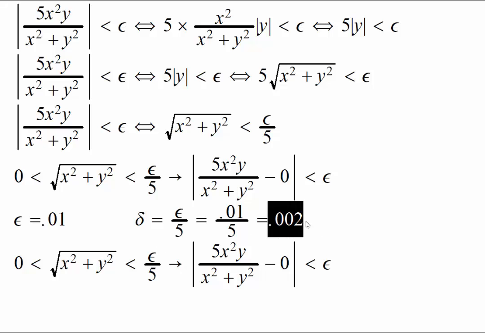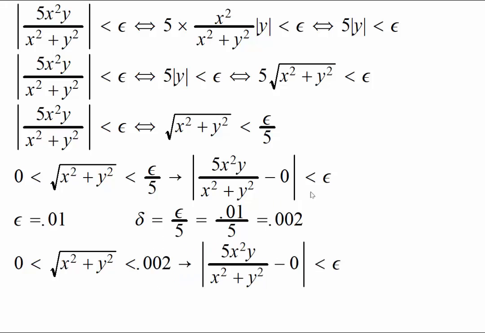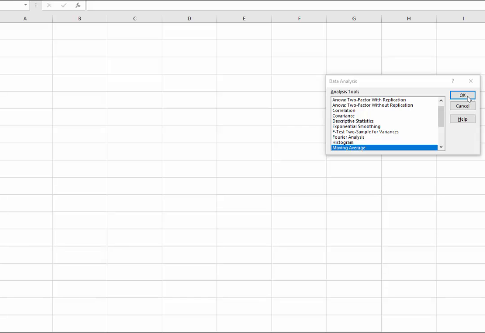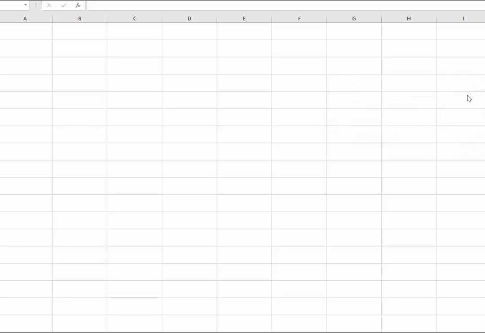So we are going to look at it numerically, and then we'll employ Matlab to see it graphically. Graphically, how we would see it is that if x and y are in an open disk of this small radius, then the functional values will be within 0.01 of 0.